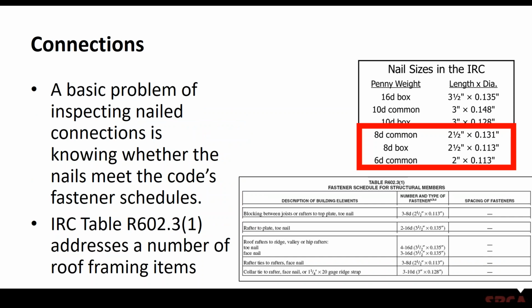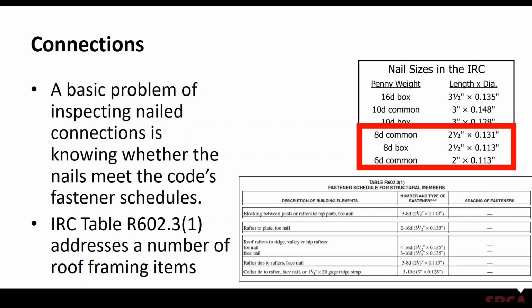The other basic problem with inspecting nailed connections is knowing whether the nails meet the code fastener requirements. Again, table R802.3.1 provides prescriptive requirements for various types of connections between various building elements. They usually provide several different nailing options, which include typical hand-driven nails, common wire nails, box nails, and so on.